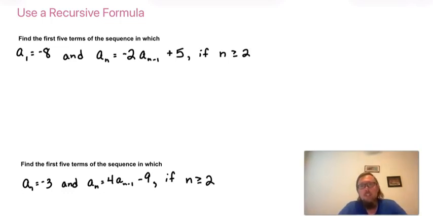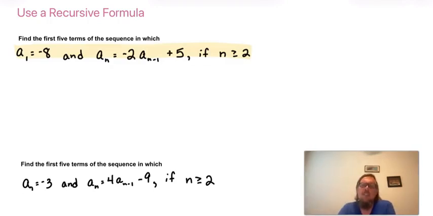And if this sounds familiar to you, it's because it's the same kind of idea that we used for arithmetic and geometric sequences. The difference is that recursive formulas are written a little bit differently. And here is an example of how a recursive formula is written. It's got a lot of the same parts as an arithmetic or geometric sequence does, except it often combines the two.